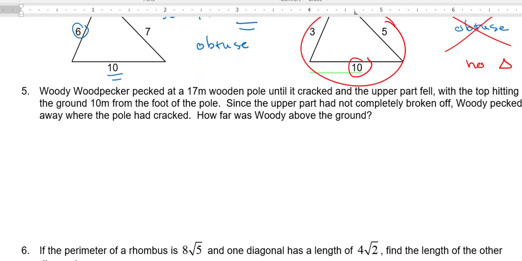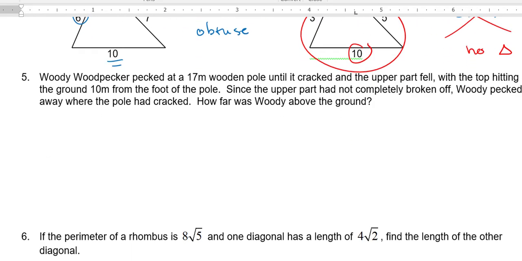Alright, and then the last problem I want to try here is this one, or maybe not the last one, maybe I'll try the one on the bottom also, but Woodpecker, hopefully you know who that is. It has pecking a 17-foot pole, so this is 17 feet. It cracks, so it breaks off here and it falls to the ground like this.